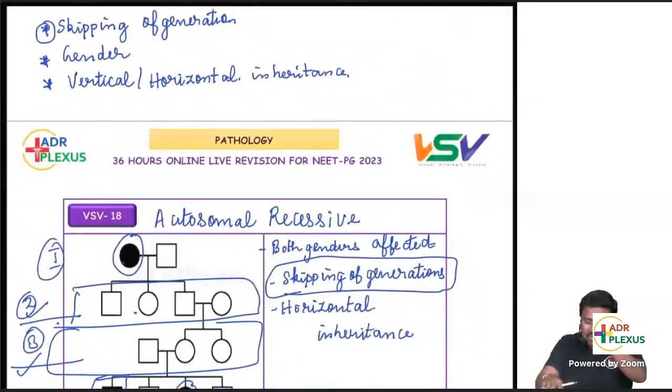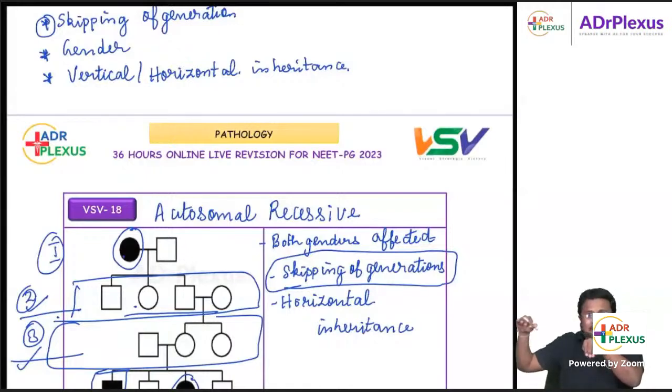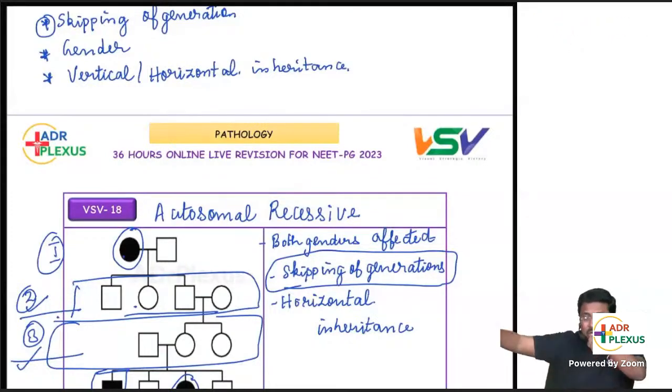See here, there are some generations skipped, because they may have a recessive gene, but a single recessive gene is not expressed. But if that person marries another person from some other family with the same recessive gene, then that is horizontal.